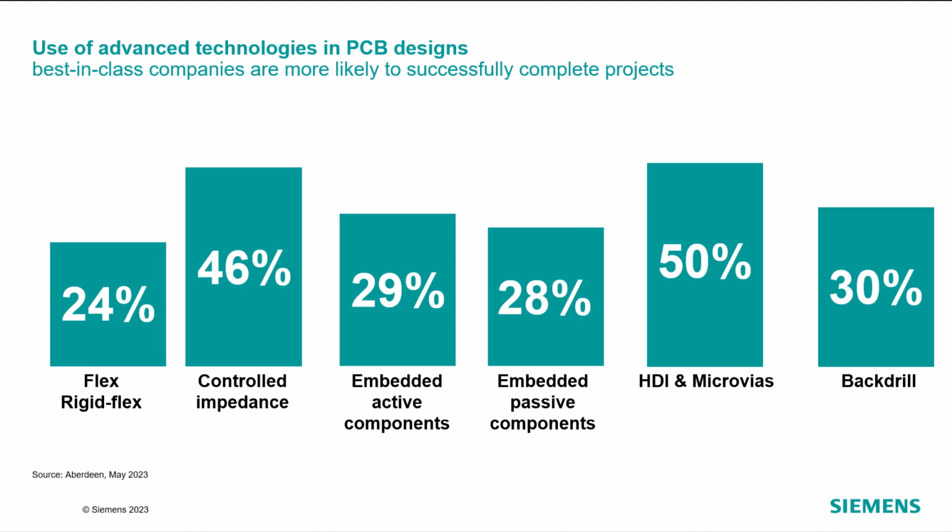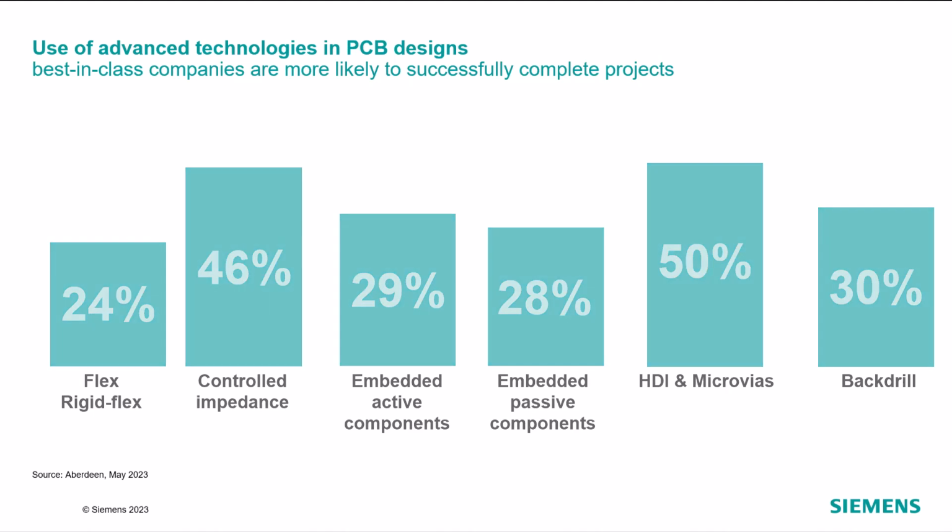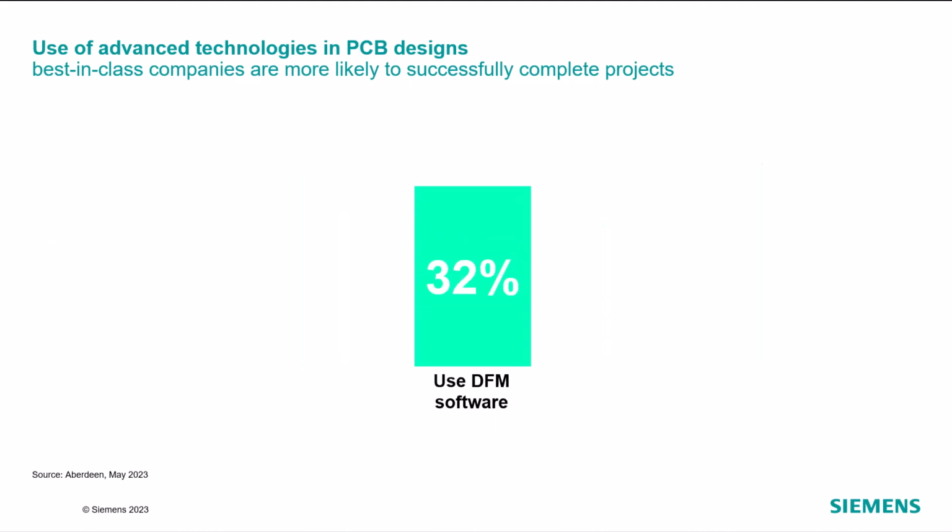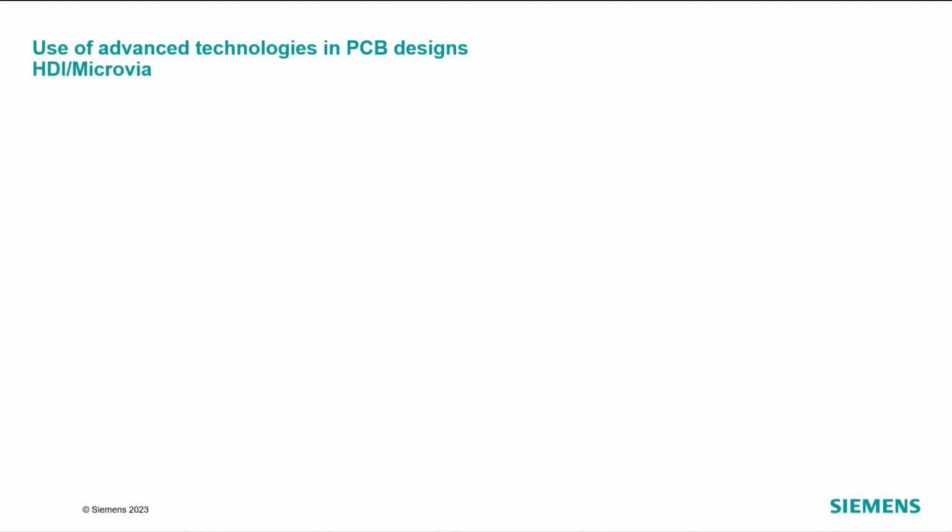And despite having these technologies in place, they are still much more likely to hit their development targets. This is because they are also 32% more likely to use DFM software within their product design. So today, we're going to look at some of these technologies and how we can use Valor NPI to check to make sure that our product can be fabricated and assembled successfully.